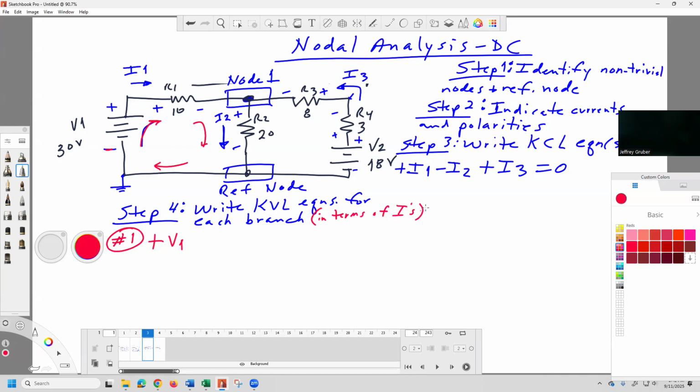I'll just say in terms of I's. So how do we express this voltage in terms of I? It's a drop, plus to minus. It's a drop, so it's minus I1 R1.